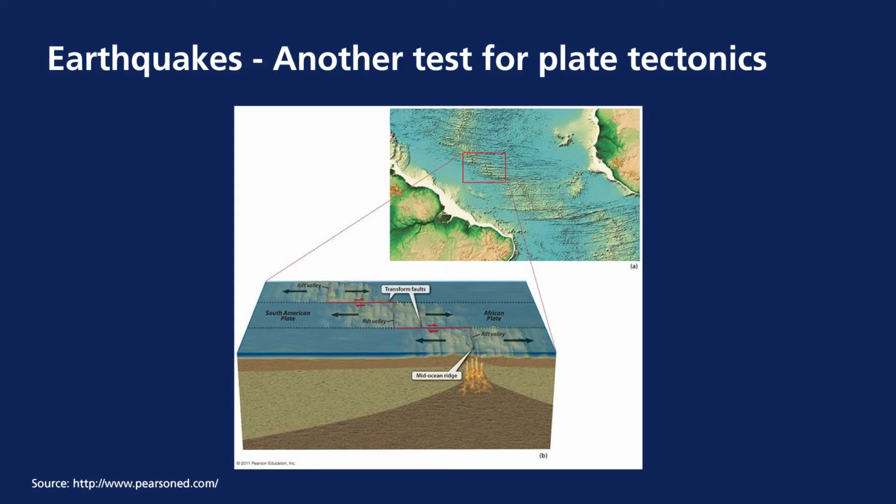Earthquakes are another test of plate tectonics, because as you see here on the left-hand side, the mid-Atlantic ridges produce land, and these two plates diverge from each other. It causes friction along the fault line.